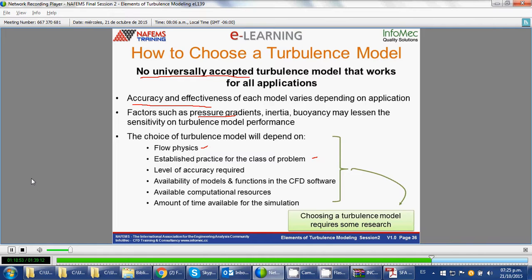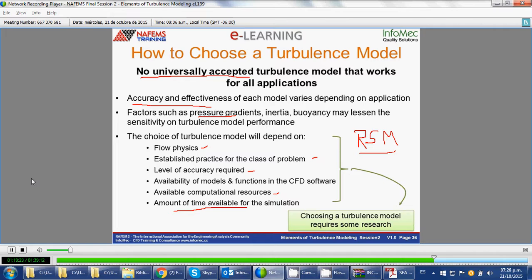That's very helpful. Also consider the level of accuracy that you need. And then, are those models available to you, and do you have the computational resources? For example, if you want to use RSM, and you don't have the time or the computational resources to do that, or if you want DES, and you don't have that kind of computational resources, then you can't use it. And consider the timing that you need.